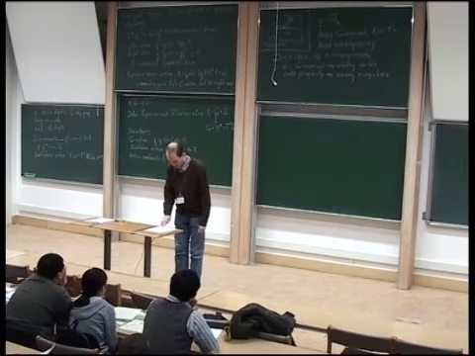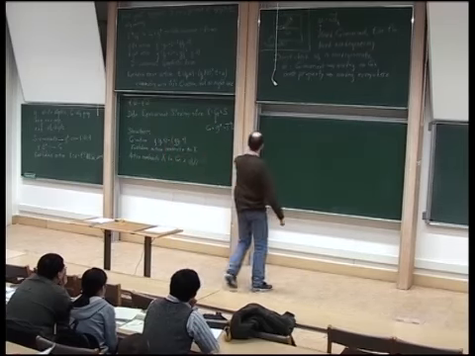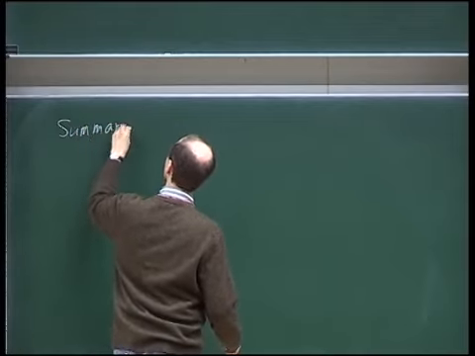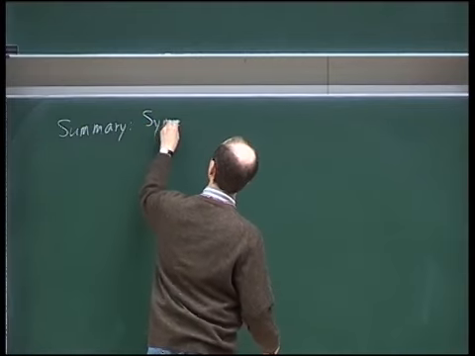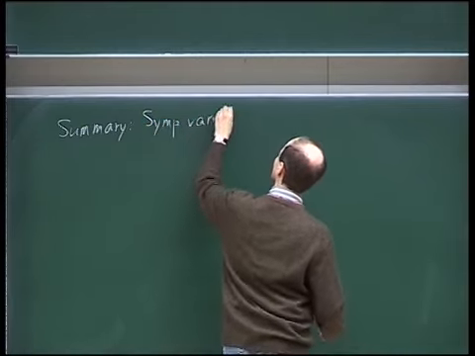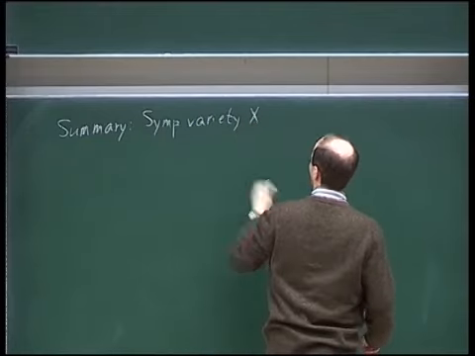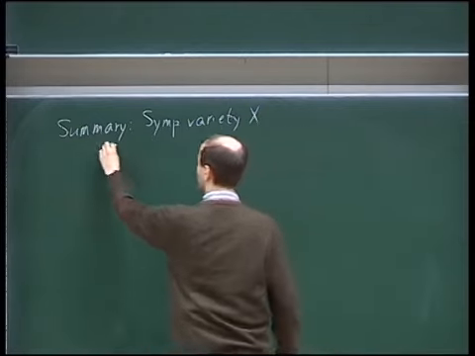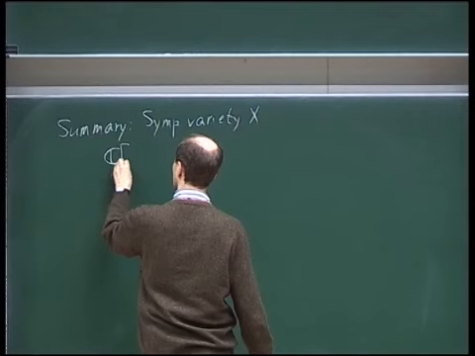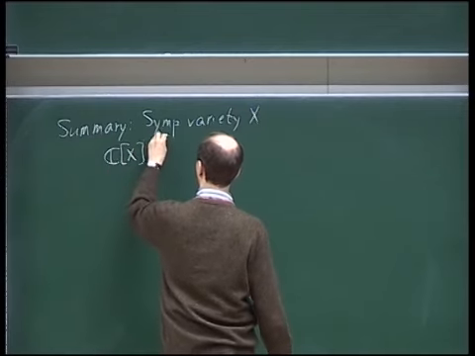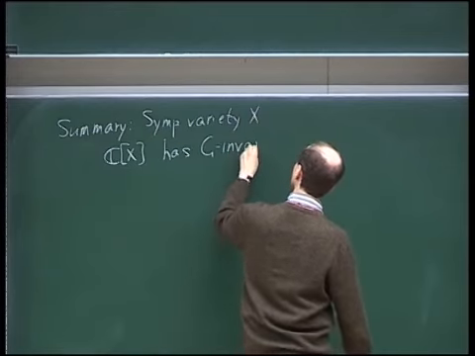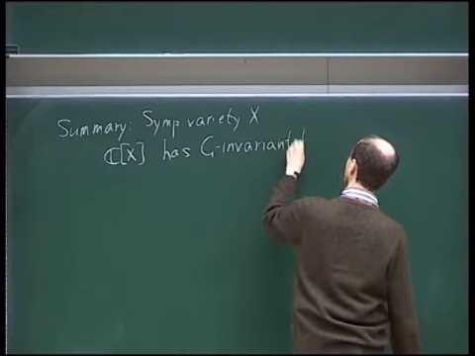So we get this symplectic variety with action of G. So our algebra of regular functions has G-invariant Poisson bracket.